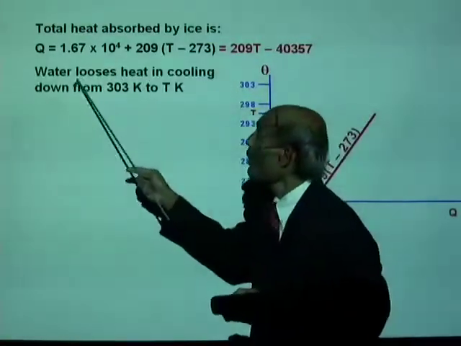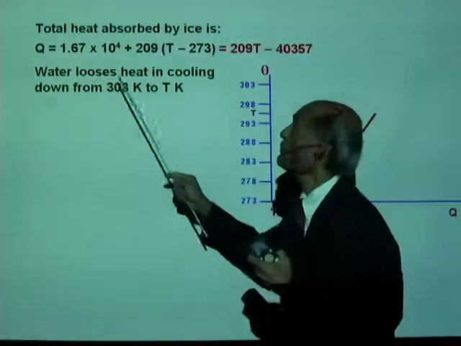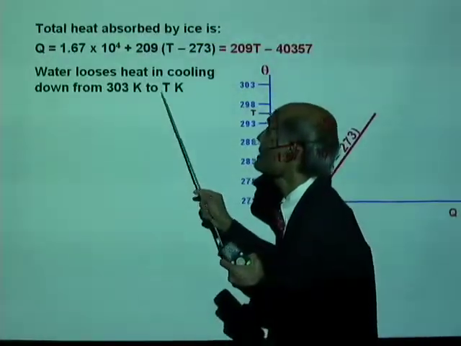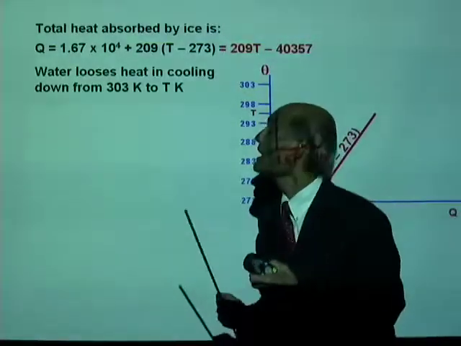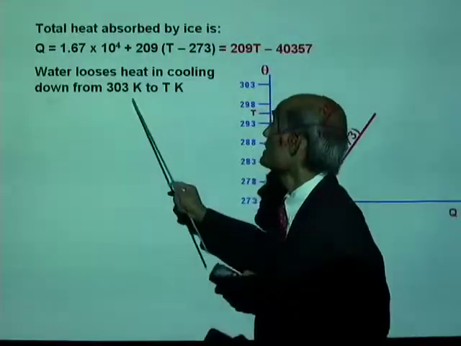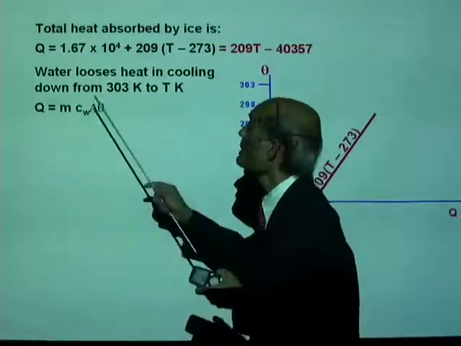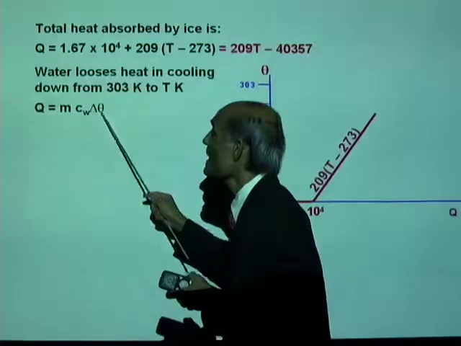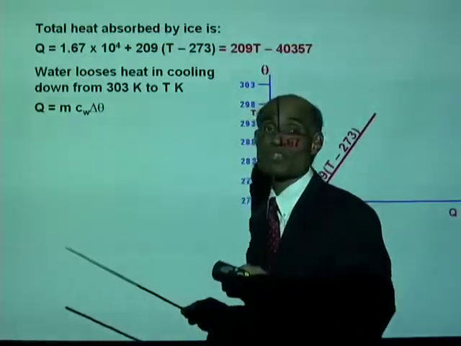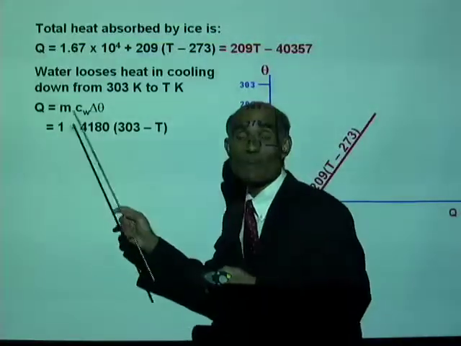And now water loses heat in cooling down from 303 Kelvin to T Kelvin. What is the heat lost by that water? The heat lost by water is mass times specific heat of water times the change in temperature. What is the mass of that water? 1 kilogram.